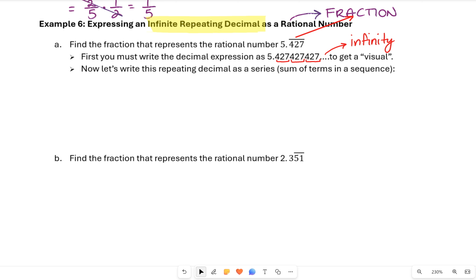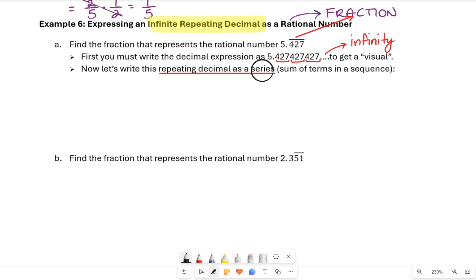You are going to follow some steps by rewriting the decimal as a series, and I'm going to walk you through what that looks like. Our number is 5.427 repeating. How can we rewrite it as a series? I've said over and over again that series just means a sum.